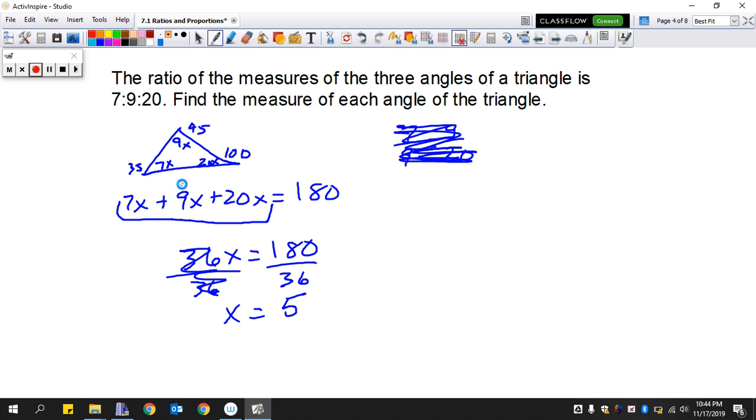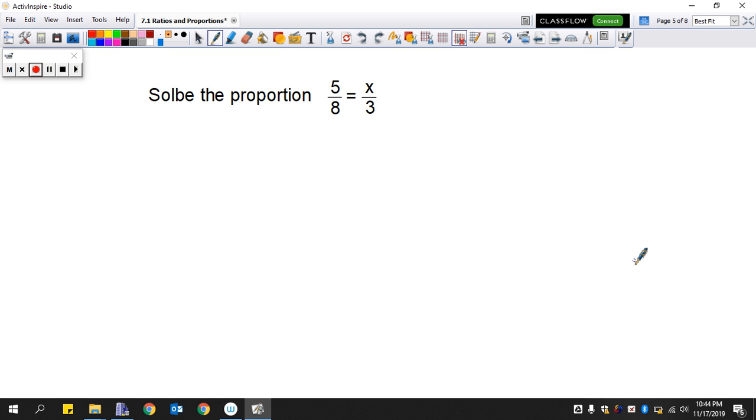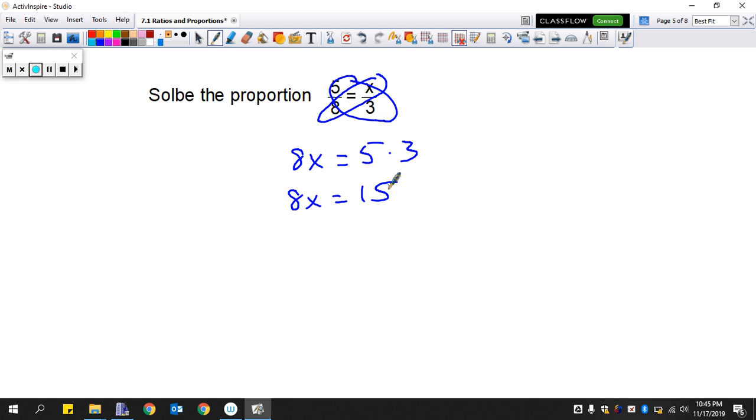Solve the proportion 5/8 is equal to x over 3. So we just cross multiply. This would be 8x is equal to 5 times 3. 8x is equal to 15, divided by 8.